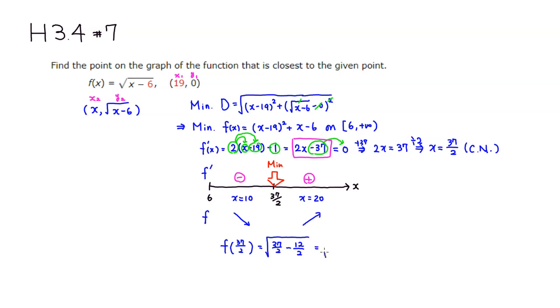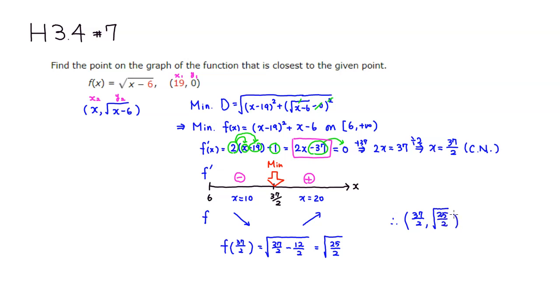So we have the square root of 37 minus 12, which is 25, so 25 over 2. Therefore the closest point has x coordinate 37 over 2, and the y coordinate is the square root of 25 over 2.